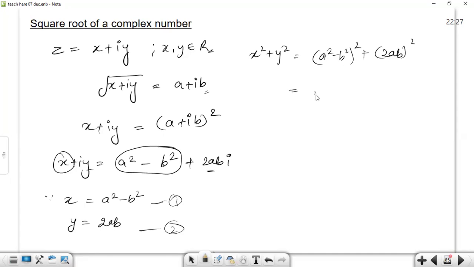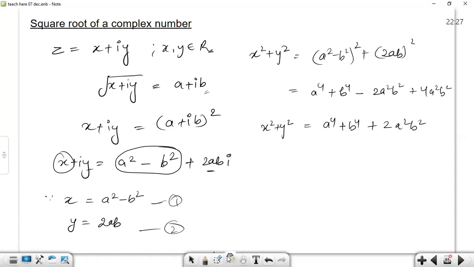Now a square squared becomes a raised to power 4 plus b raised to power 4 minus 2a square b square, plus 4a square b square. Solving further, this becomes a raised to power 4 plus b raised to power 4, and 4 minus 2 becomes plus 2.